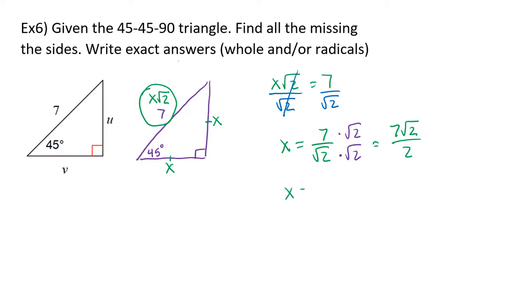Which means our x for this problem is 7 square root of 2 over 2. Well, here's an x, so that's 7 square root of 2 over 2. And here's an x, 7 square root of 2 over 2. And now you've found all the sides of the triangle.